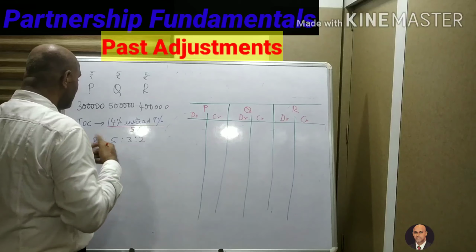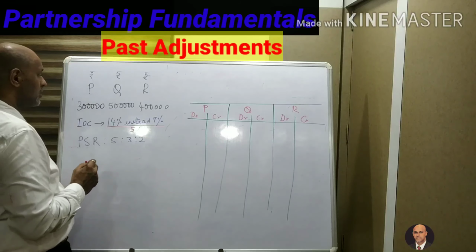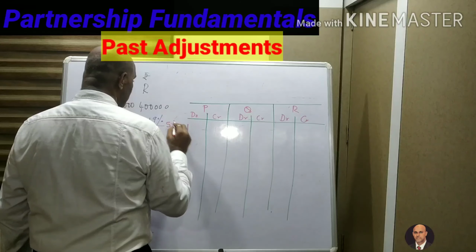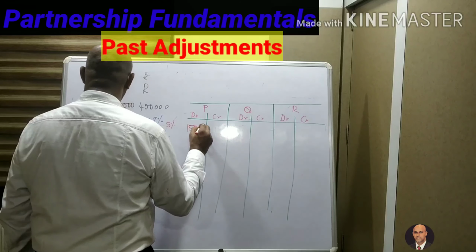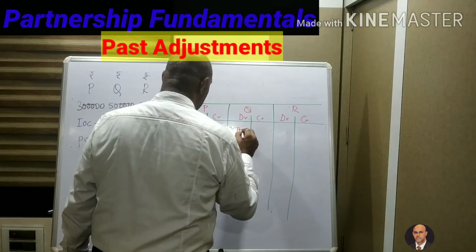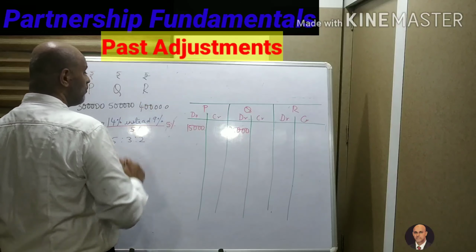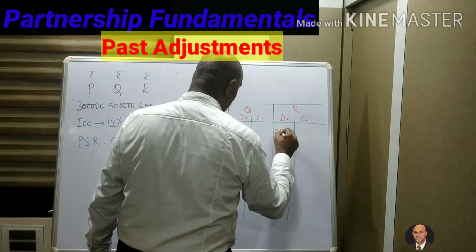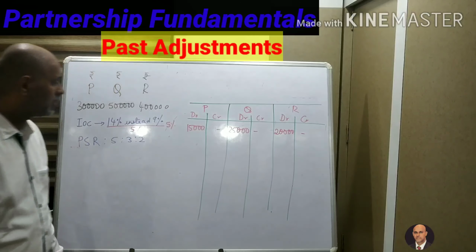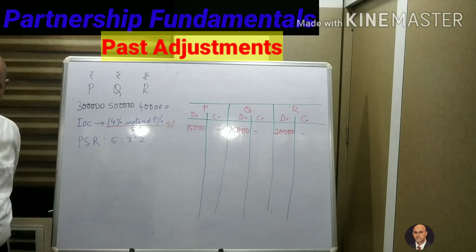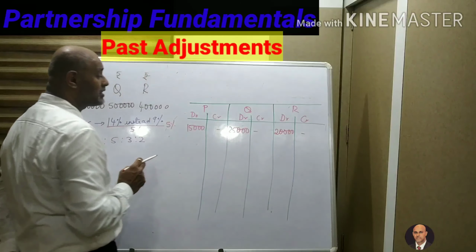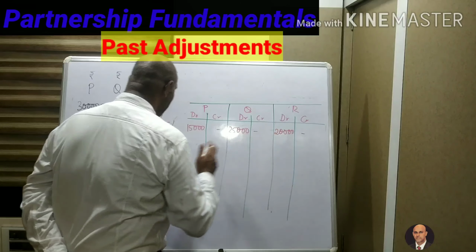So 5% is what I calculate on 3 lakhs. So here this is 15,000. 5% of 5 lakhs is 25,000. 5% of 4 lakhs is 20,000. Now I shall total up all these 3 columns, that is 15 plus 25, that is 40. 40 plus 20 is 60.